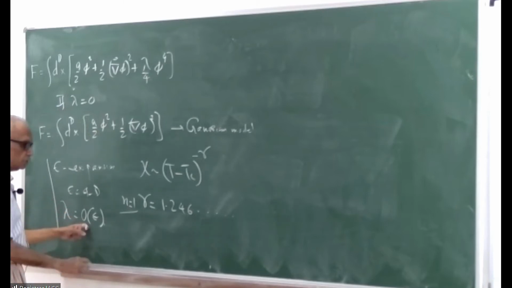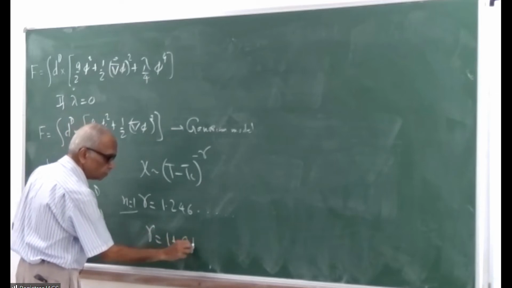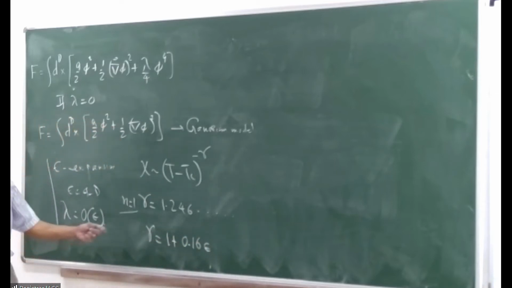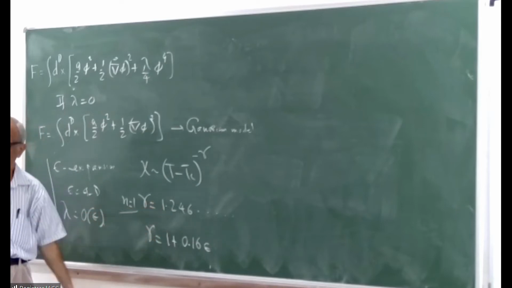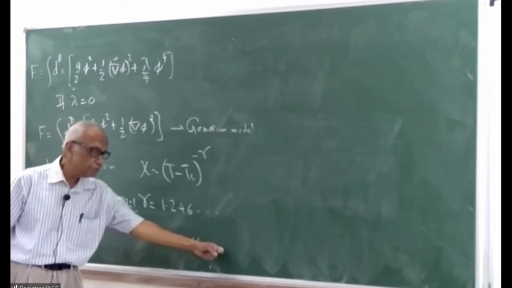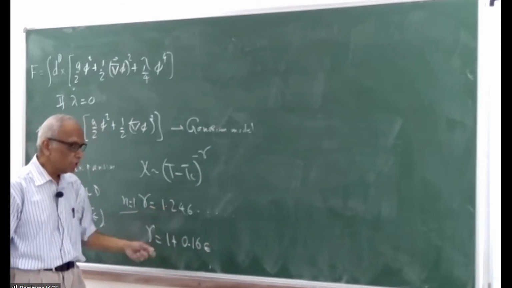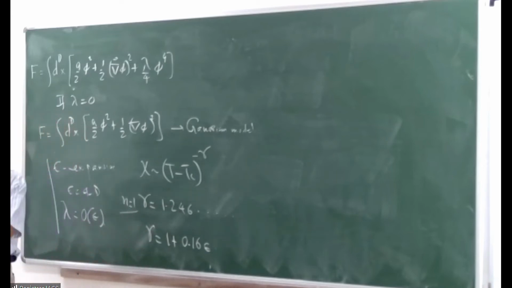First order correction, gamma is 1 plus 0.16 epsilon. So that's significant, it is picking up almost 2/3 of the whole. You go up to epsilon squared, you will come pretty close to 1.23 something. But these expansions, something catches up with you.